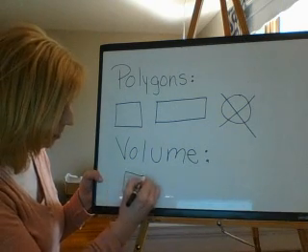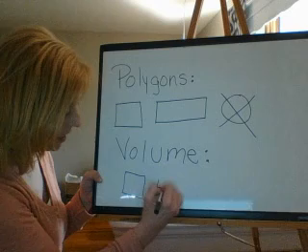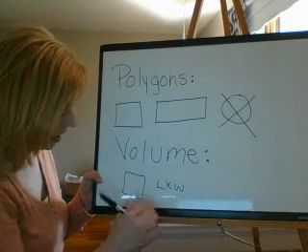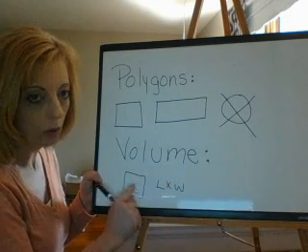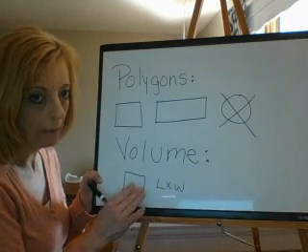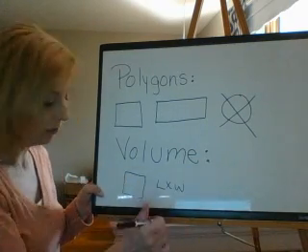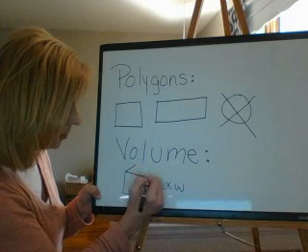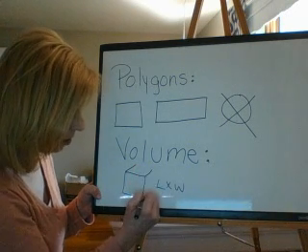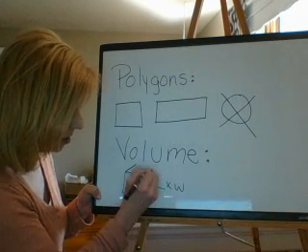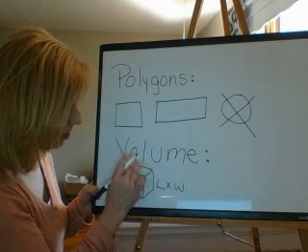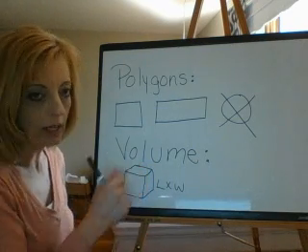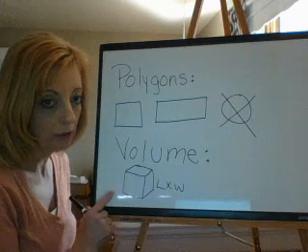For area, remember we did length times width, and that showed how much this whole piece would cover. Volume takes it one step further, and when I turn this into a cube, the volume tells me how much I can fit inside that cube.